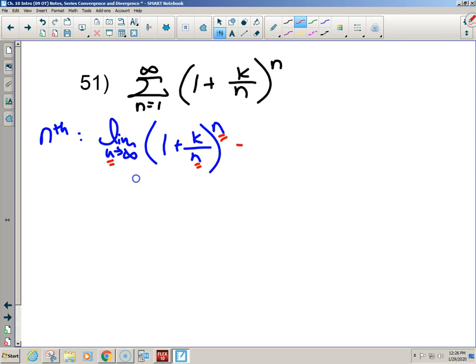But if you remember the special converging sequences, this would be an e to the k. And question, can e to the k ever be 0? No. How do you know? Are you visualizing the basic graph? It always approaches 0, but will never become 0. Okay, good. So then therefore, not 0. So what do I know?